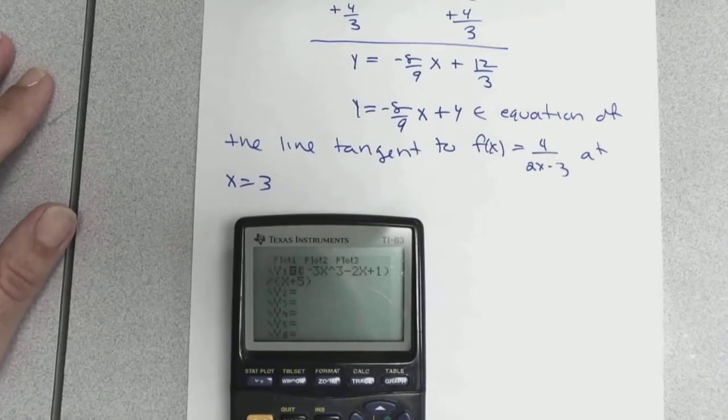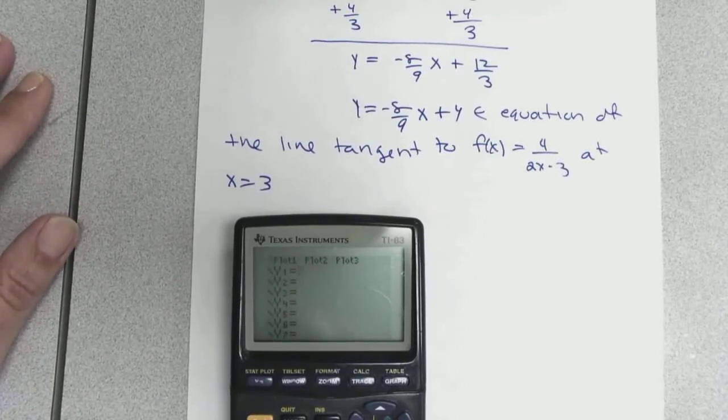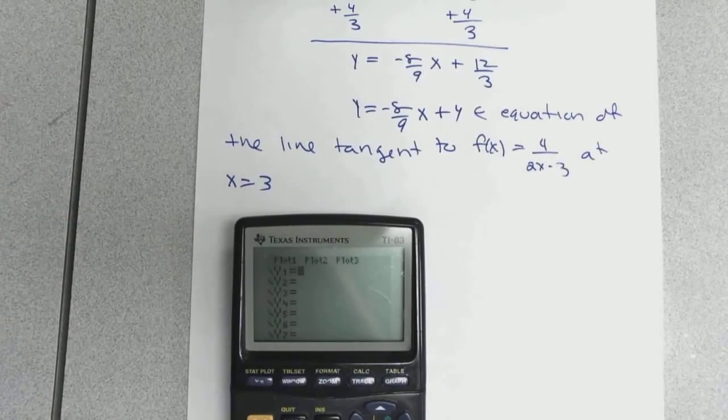So y equals, clear out the old stuff, and my function was 4 divided by the quantity 2x minus 3. So there's the original function. Be sure when you're doing fractions on your calculator that you put the entire denominator in parentheses, and if the numerator and denominator are at all complicated, entire numerator, entire denominator in parentheses. So there's my original function.